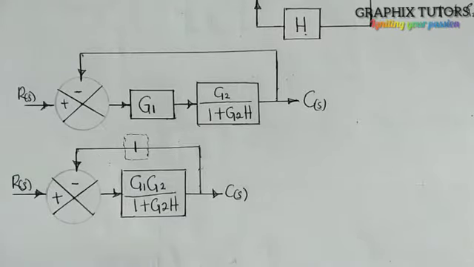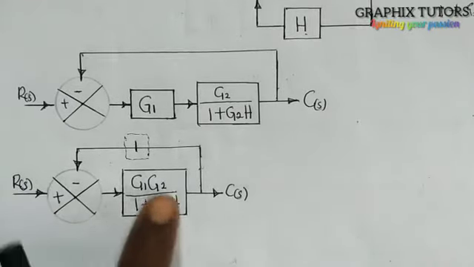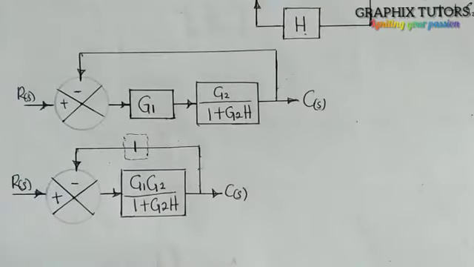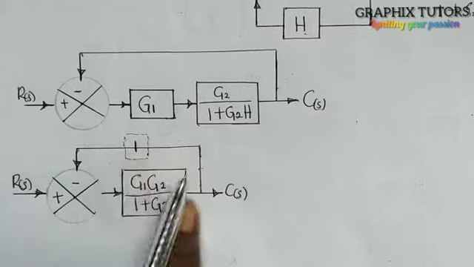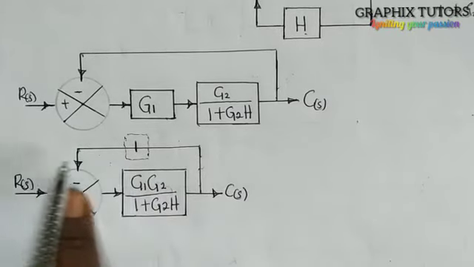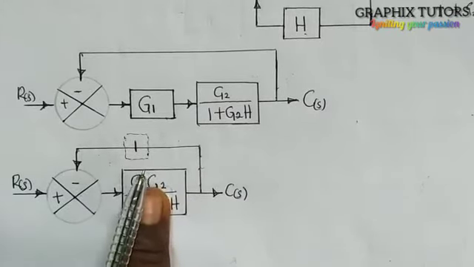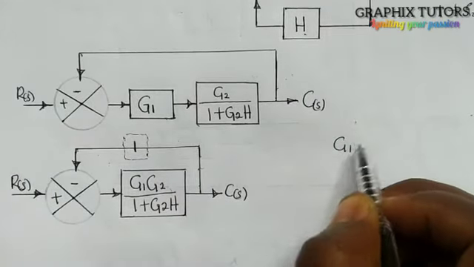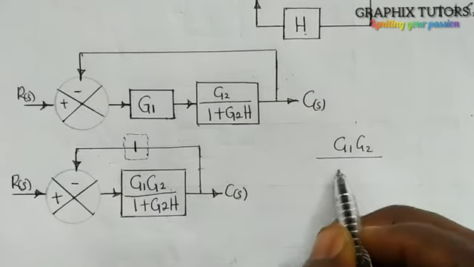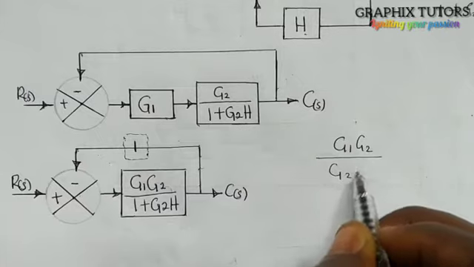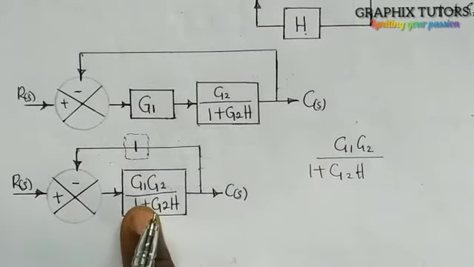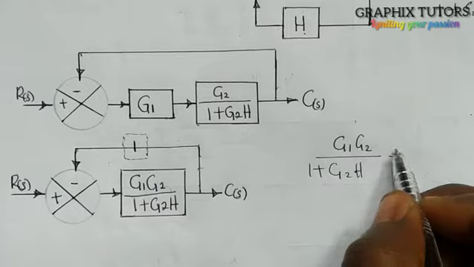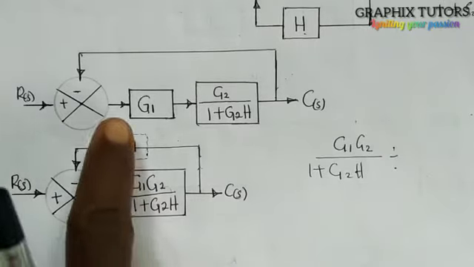The key point there is that if we have a symbol like this, just like in our previous videos, it means that the gain that is on the same line as the summer, that is G1 G2 all over 1 plus G2H, is divided by 1 plus this times this.